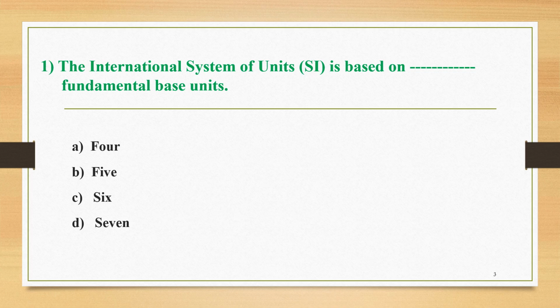We know very well this international system is based upon these 7 fundamental units, and that's why the correct answer of this question is D, that is 7 fundamental base units, depending on which the international system of units is developed.